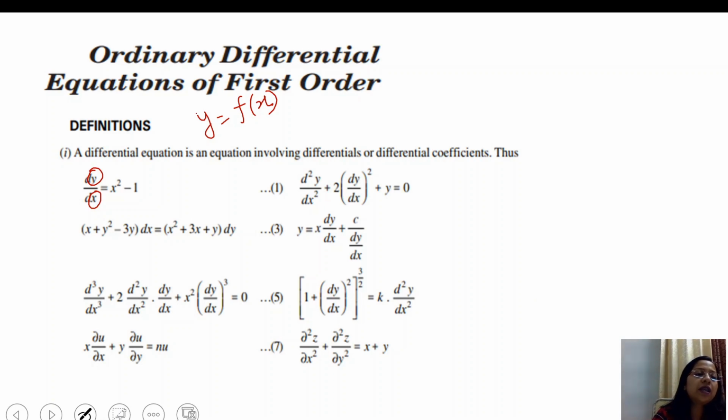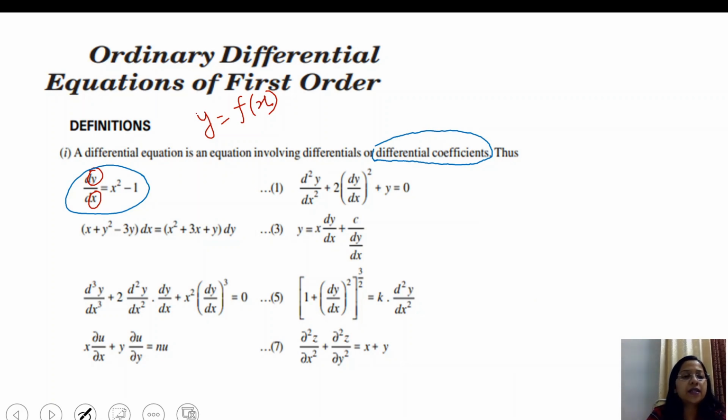So in any relation, if we find a differential coefficient present there, then we call that a differential equation. That's what is mentioned here: an equation which involves differential coefficients as well as dependent variables is known as a differential equation.